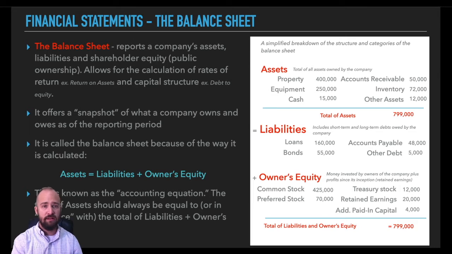So, we took out a loan, we got $160,000 from that loan. We used that money to purchase something. Let's say we purchased a new piece of equipment for $160,000. Well, that $160,000 gets added to our existing equipment and ends up on the assets side of this equation because that piece of equipment is now an asset that we own. So the asset side of the equation talks about what the company owns, and the liabilities plus owner's equity side of the equation refers to what the company owes.